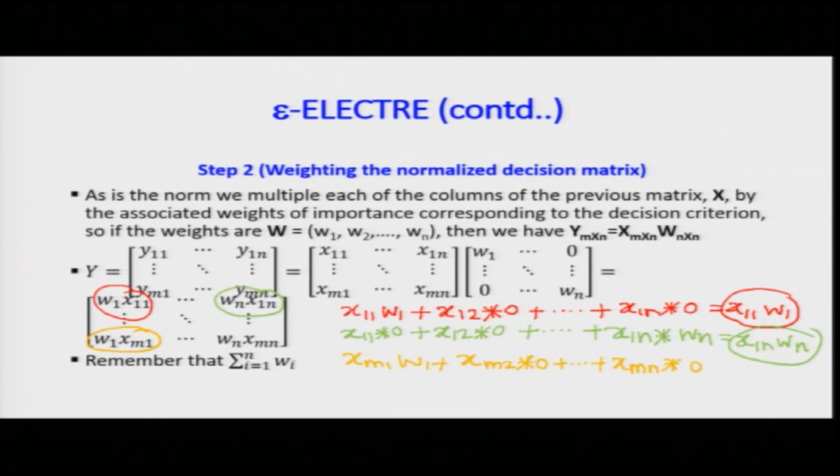So, the final value becomes xm1 multiplied by W1. So, this matches the colored yellow.